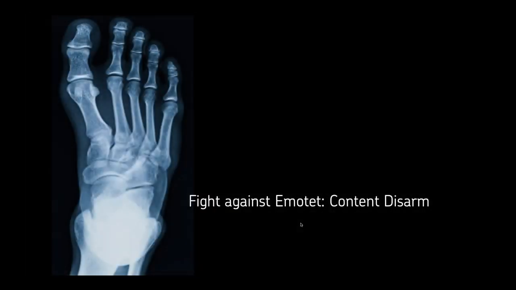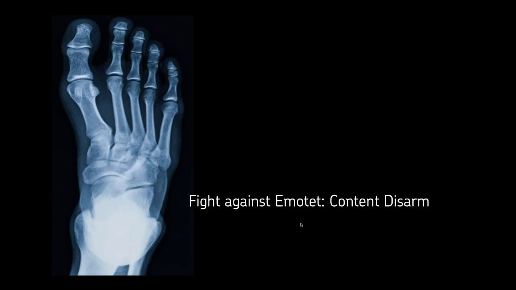Let me give you an example of how to deal with this other level. When we fight Emotet, there are several ways to detect the malware in attachments and URLs. But let's be realistic: there's no 100% protection level you can reach.